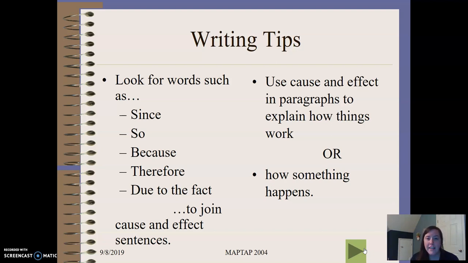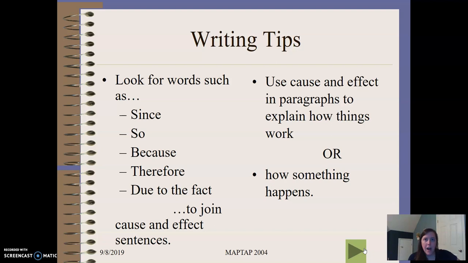Now, again, as I mentioned at the very beginning of this lecture, cause and effect can sometimes associate with process analysis. So if you're explaining how things work or how something happens, there's cause and effect there. One of the things that, like I said in the previous video, I would love for you all to be thinking about is something you are interested in knowing what caused it.